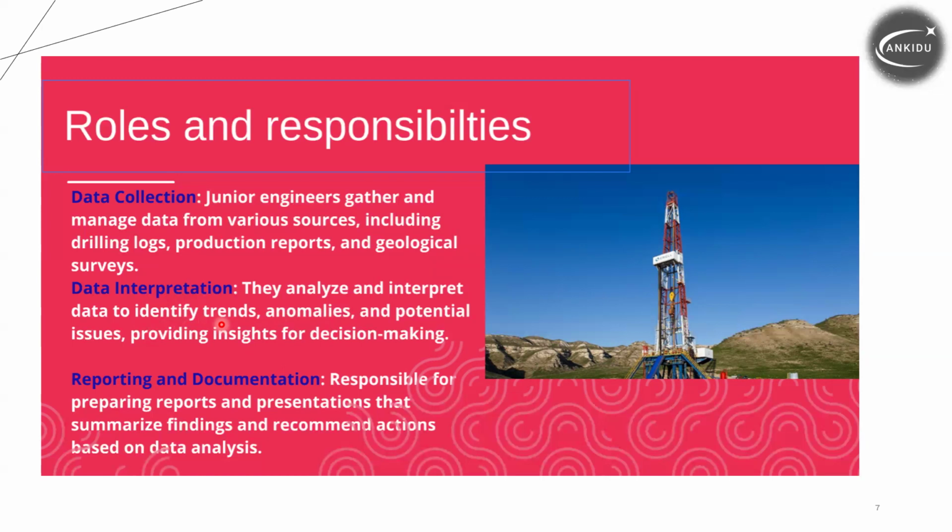For instance, let's take this example. In all cases when you have to develop any plan for a field, you have to think about the plateau rate. What's the plateau rate? Let's say from day 10 to after 1 year, 2 years, 3 years, the production is stable and flat.